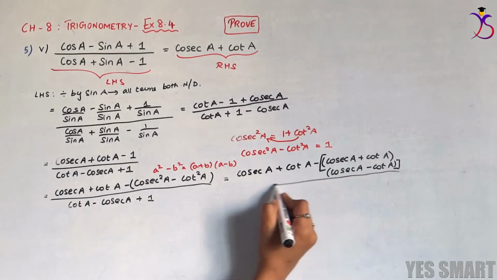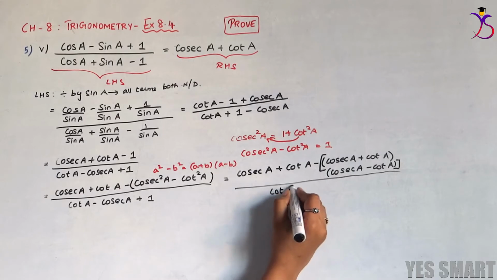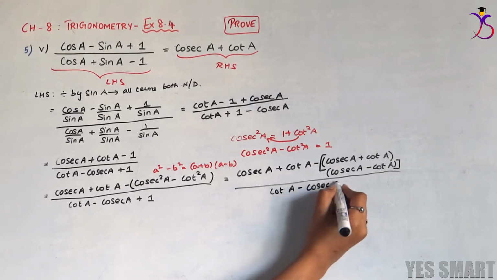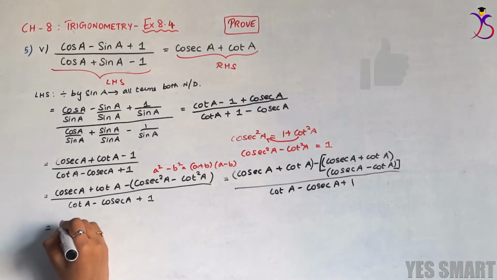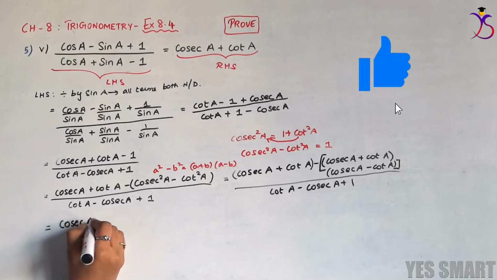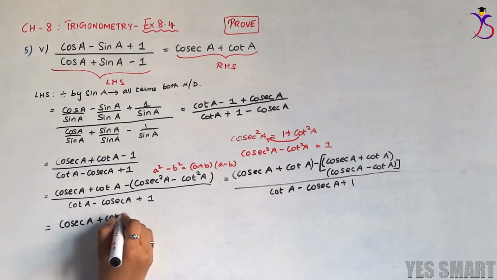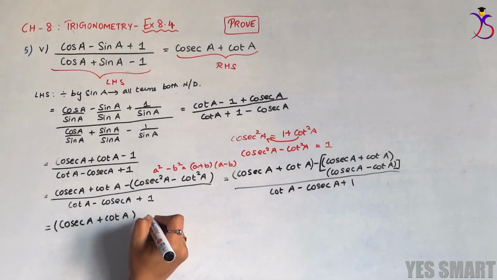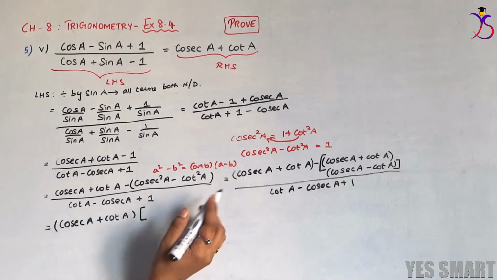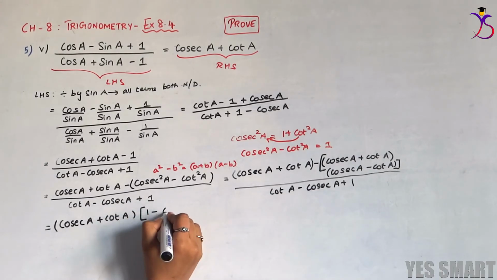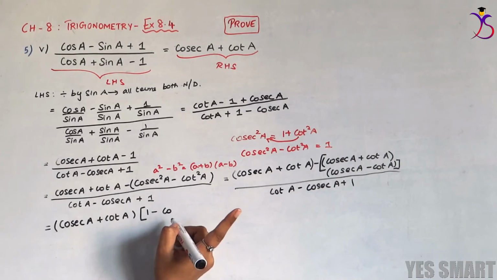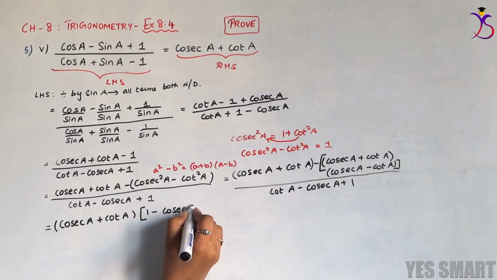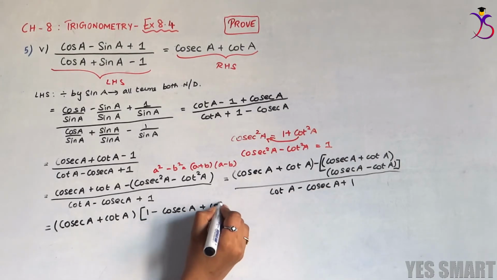Now we have two different brackets in the numerator, that is two different expressions. We can take cosec A plus cot A common out of these two, as we have it in both the expressions. So I am just taking cosec A plus cot A outside. Hence we will have 1 minus the other term in the second bracket, which is cosec A minus cot A. It should be minus.